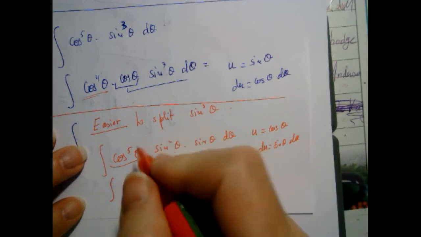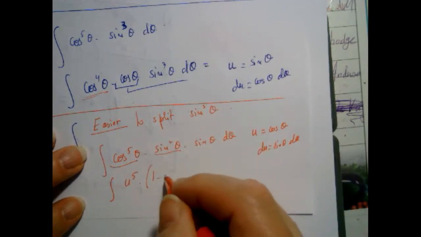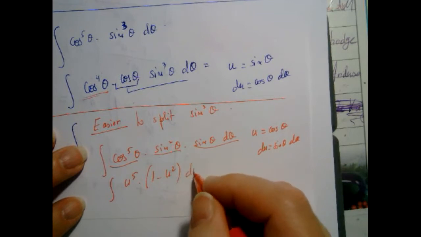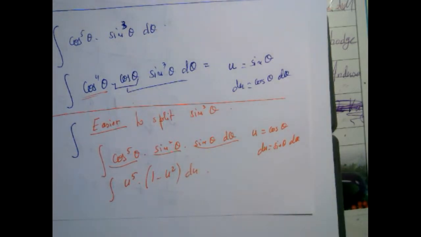That's how safe you are. 1 minus u squared, and then this will give me the du, which will be much easier. Okay, so if both are odd, you pick one of them and you split. You do not split both. You split one of them if both are odd.